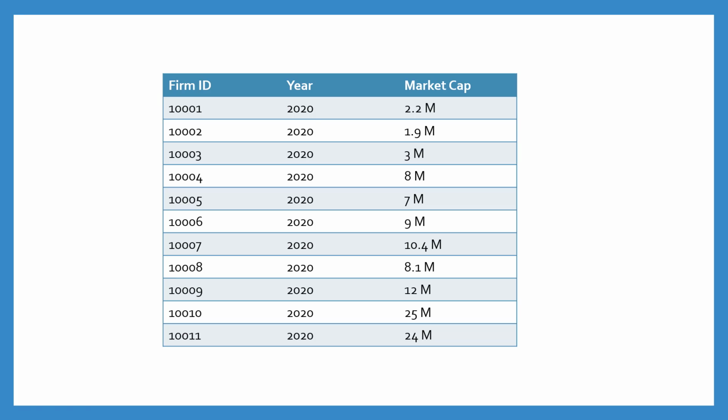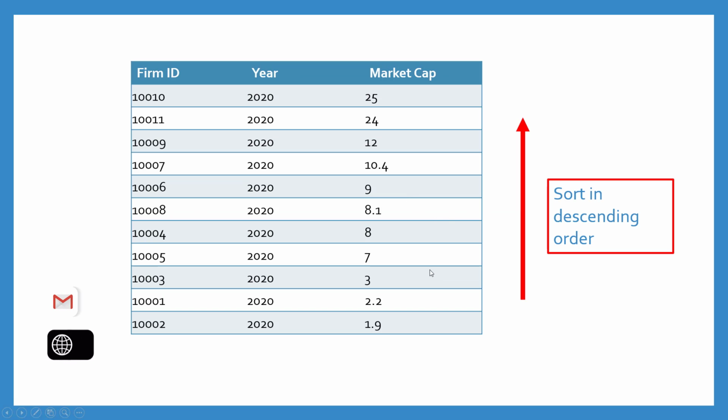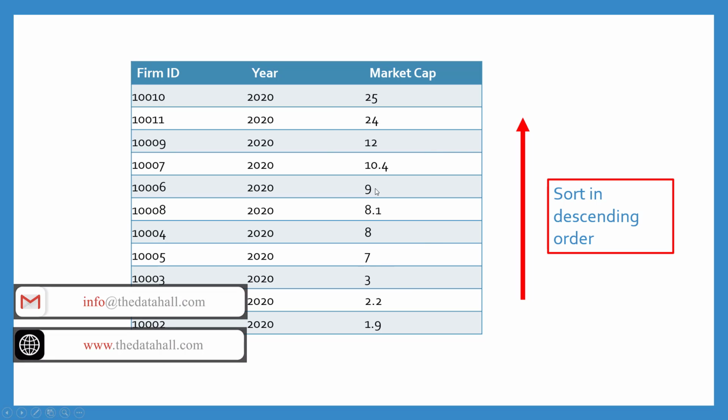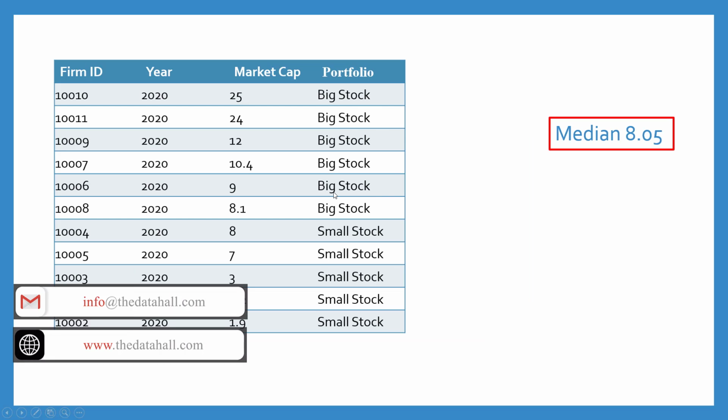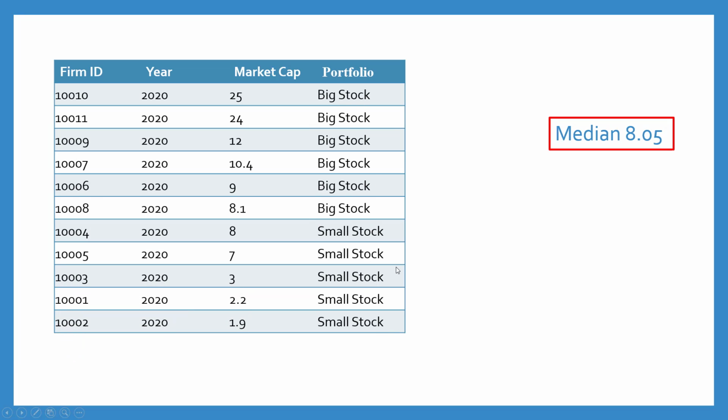So let's move to the same example that we previously had. We had different firms, we had the data for the year 2000, and we had the market capitalization, which represents the size of the stock. We would sort them in descending order and divide these stocks into different portfolios, that is big stocks and small stocks, on the basis of a certain breaking point.